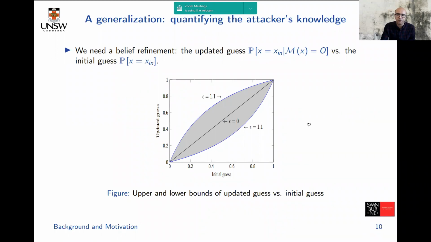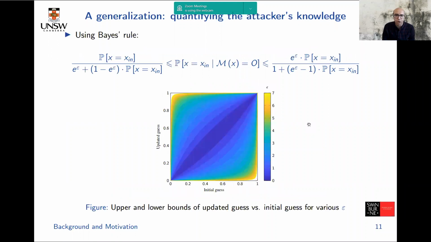to 75%. In general, if you want to derive the formula for quantifying the attacker's knowledge, you can do it by Bayes' rule, to find the upper bound and lower bound of the updated guess, based on the assumption that you know the output of the randomized mechanism on X. If you visualize this for different values of epsilon, updated guess versus initial guess, you get these curves.